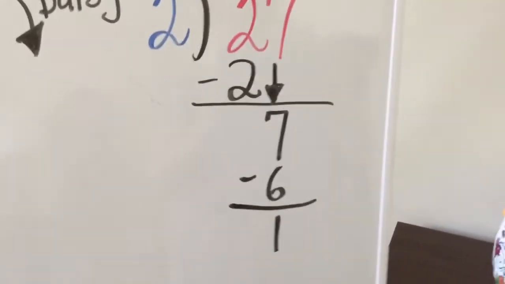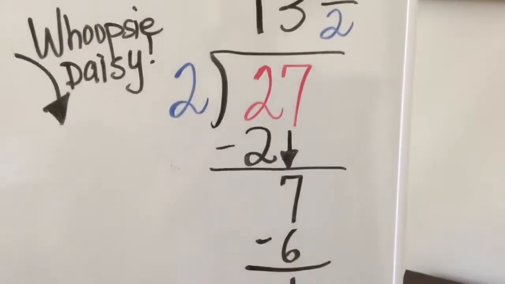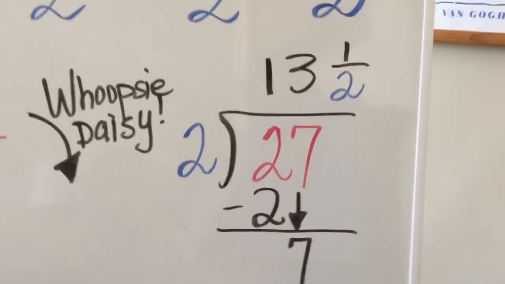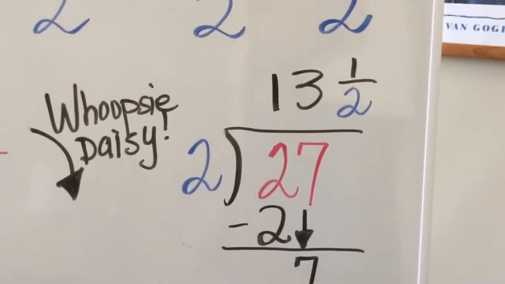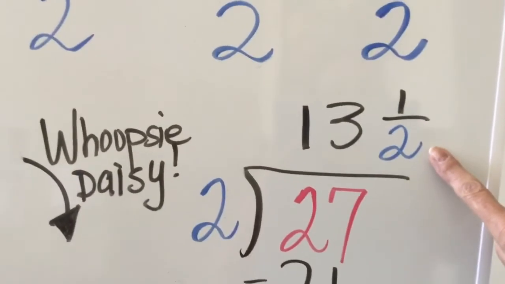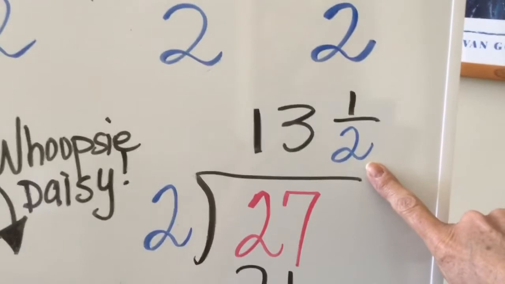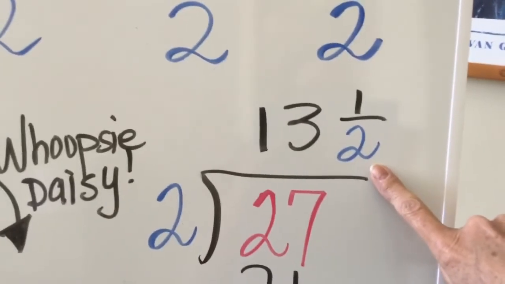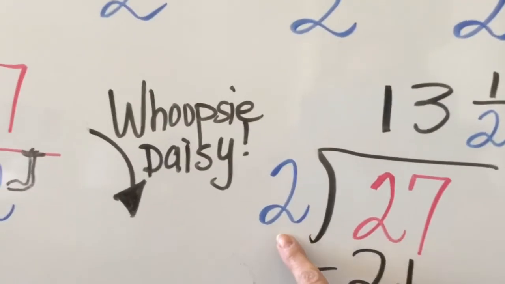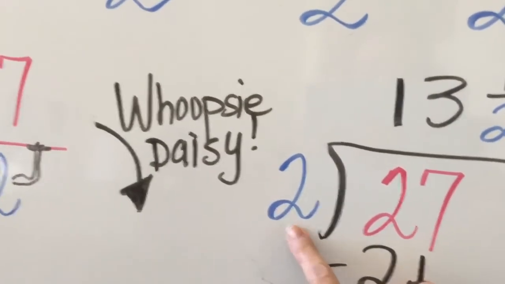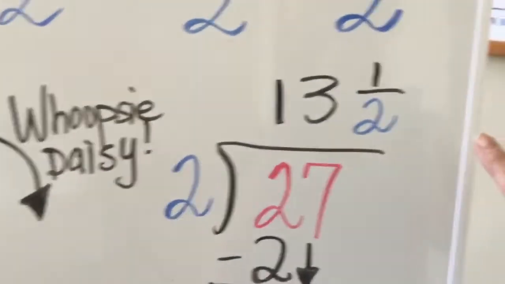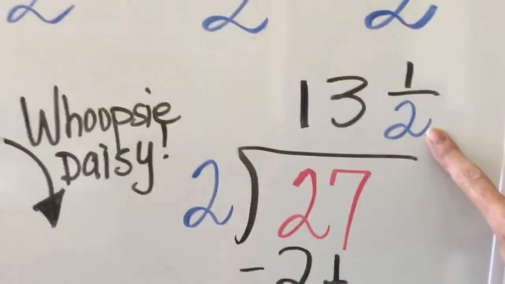I want you to notice that I wrote the remainder as a fraction. For those of you who remember when I taught you that, I've made sure to write that cake knife, or the divisor, in blue, because this is the knife or the divisor or the denominator, and I'm going to keep it down underneath where it belongs.